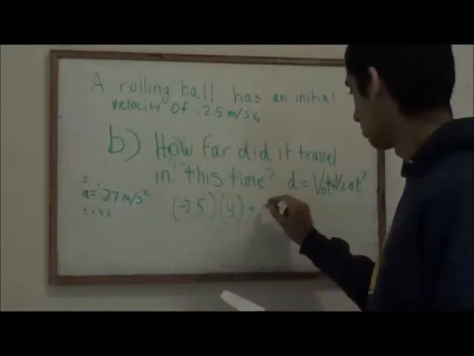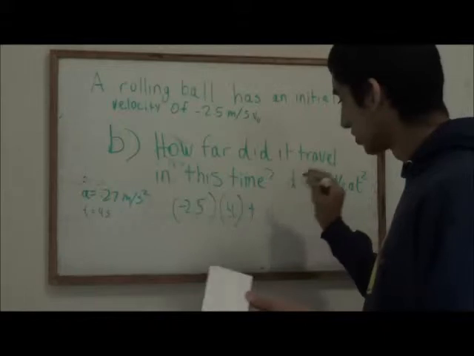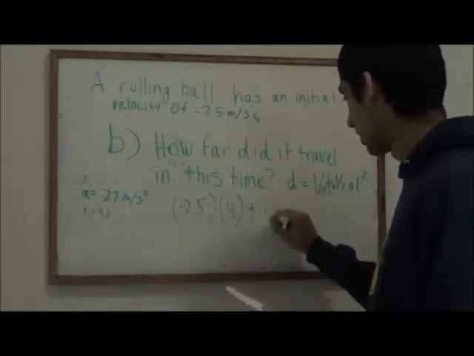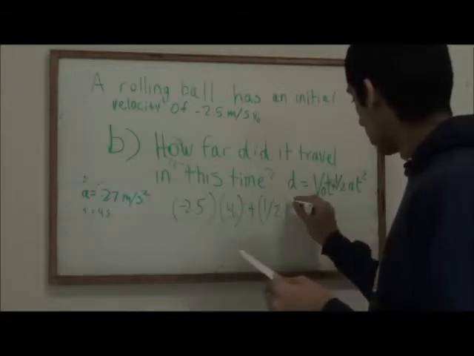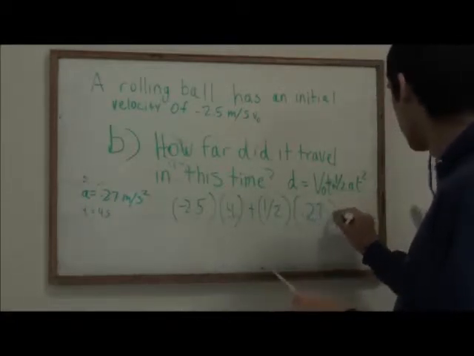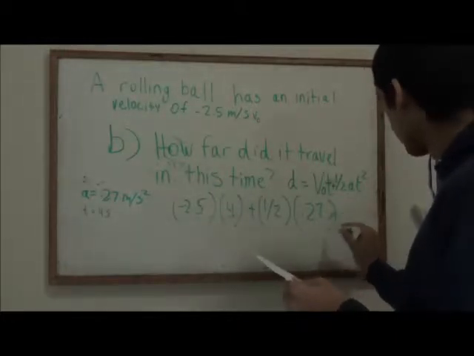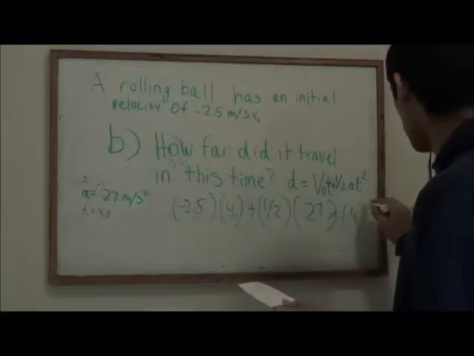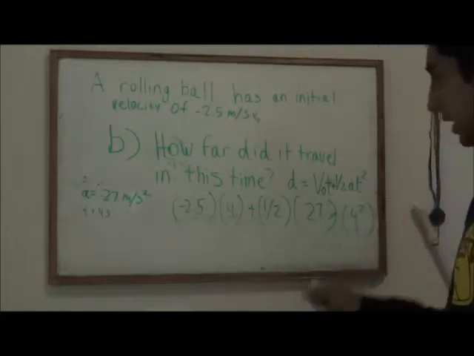And then plus, let's just say, 1/2 a, so 0.27 t squared. Okay.